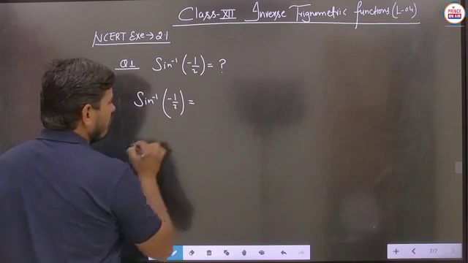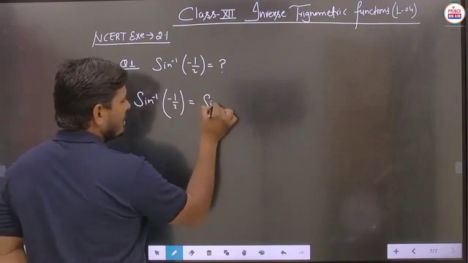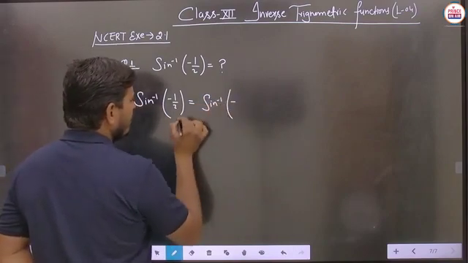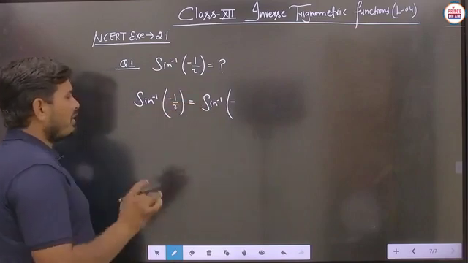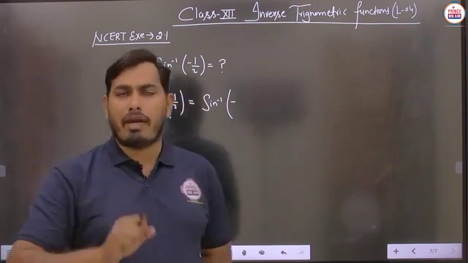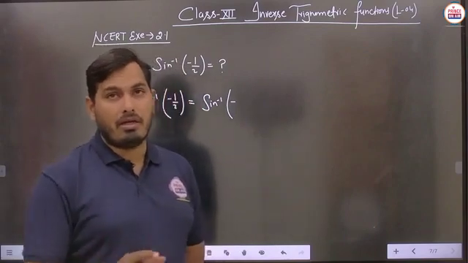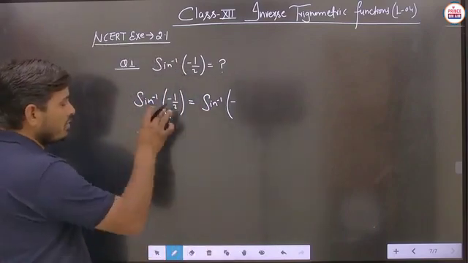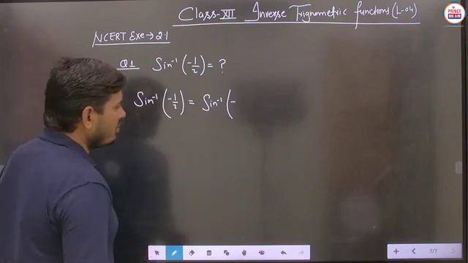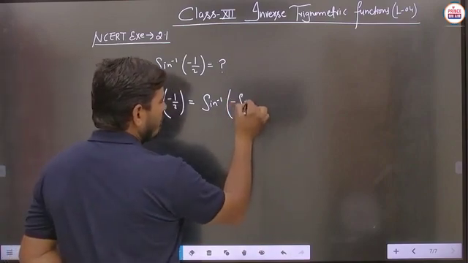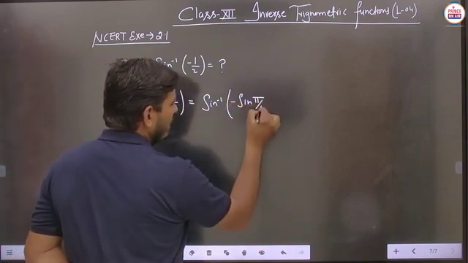First of all we write this part as sin inverse of minus sin. At what angle does sine become 1 by 2, you know very well. This is the value of sin 30 degrees. So sin 30 degrees can be written as sin pi by 6.